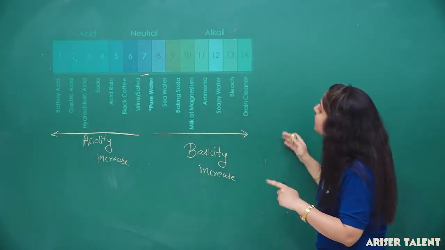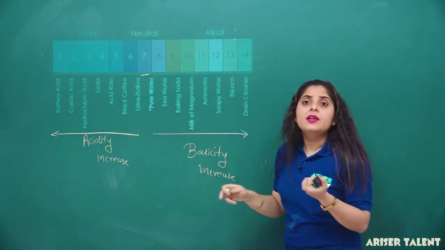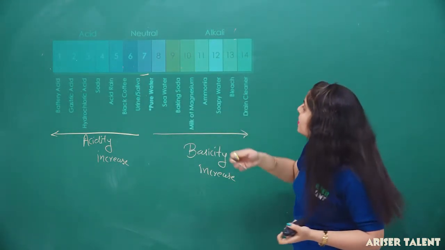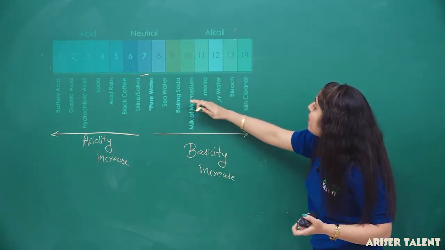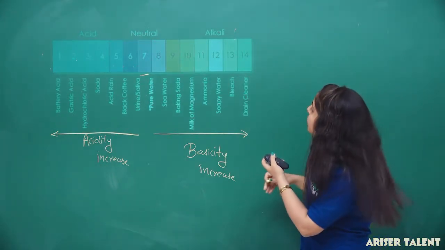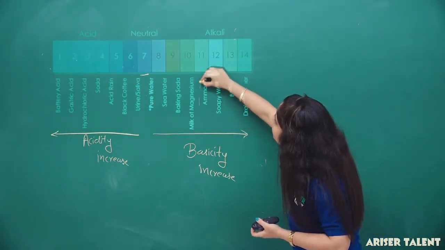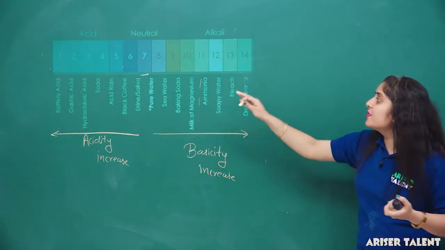Now we are on the other side. You can see here the seawater. Seawater contains some sort of impurities, so its pH will lie between 8 to 9. Now if I am moving to this side, I can say that the basic character is going to increase. So you can see here the milk of magnesia, baking soda, soapy water, all these will have a pH greater than 7.